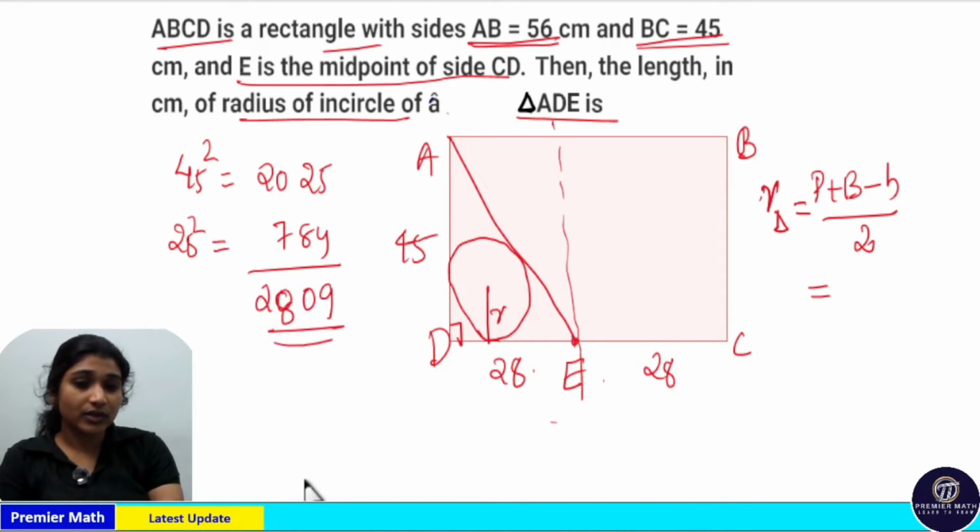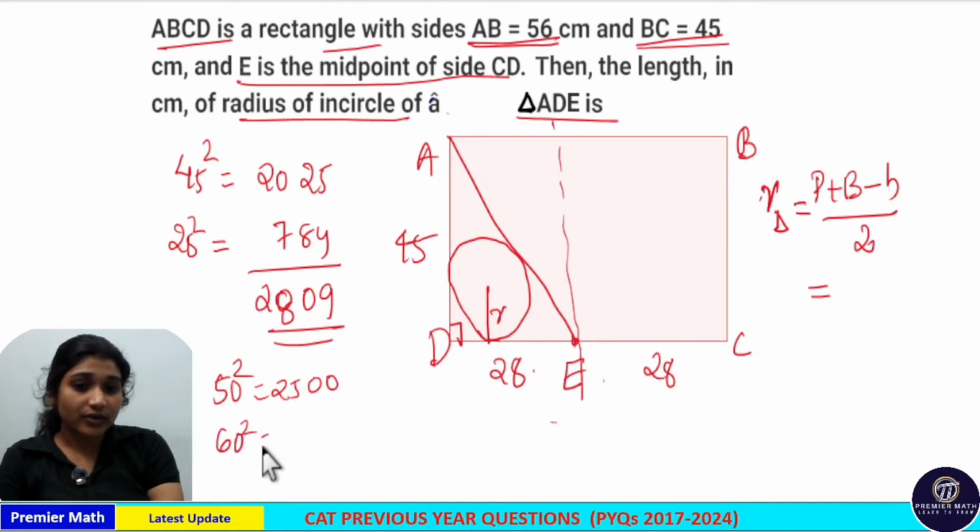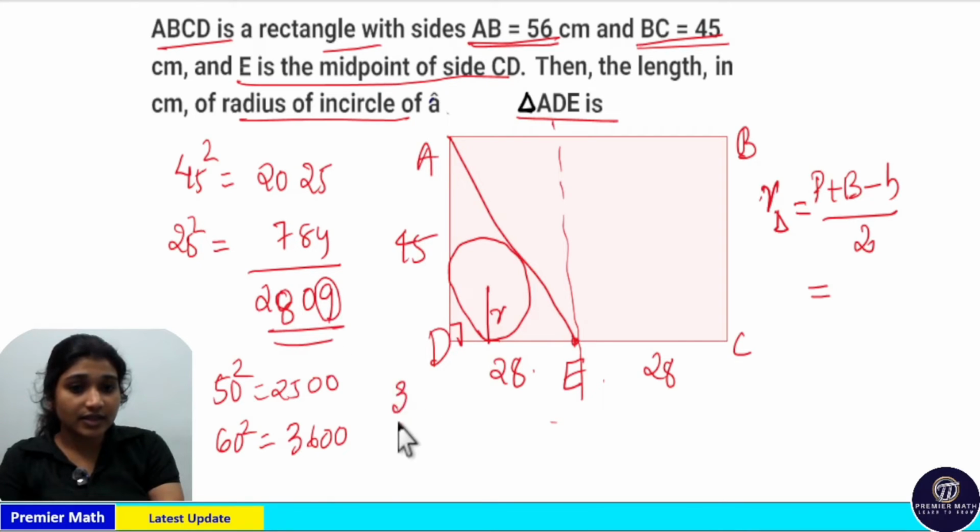2809. And 50 square is equal to 2500 and 60 square is equal to 3600. Now the unit digit is 9, meaning we can take either 3 or 7, so this number should end with 3 or 7. 3 square will give you 9, 7 square will give you 9.